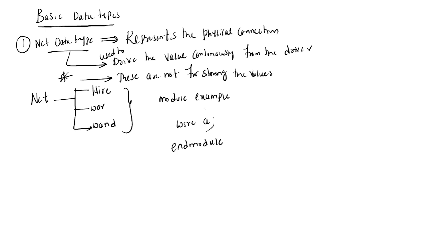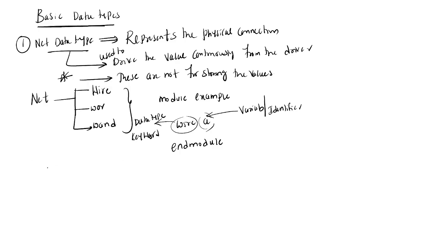Here wire A, this is my variable, or identifier, and wire is the data type. This wire is a keyword. In Verilog, last class I told you around 150 keywords are there. So this is one data type, and it is a keyword, so we can't use it anywhere else. This is a wire data type.